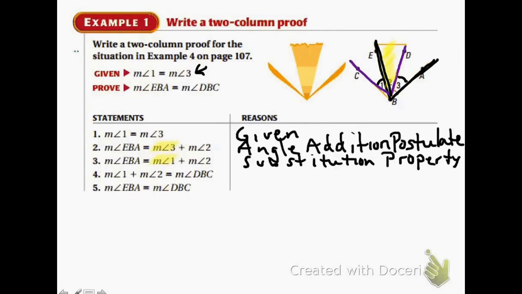Now they're telling us that the measure of angle 1 plus the measure of angle 2 is equal to DBC. And again, we've got two smaller angles equal to the bigger angle, so we again know that that is the angle addition postulate.